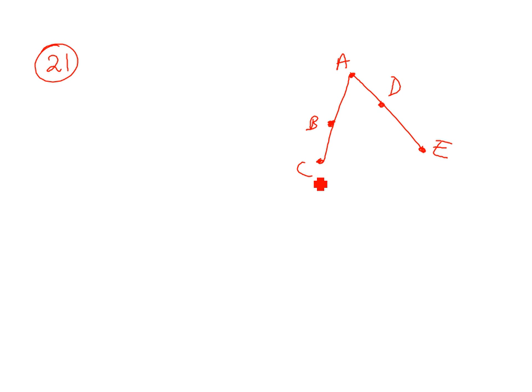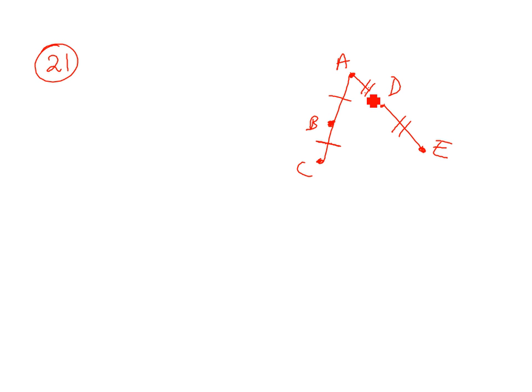They tell us that segment AB is congruent to segment BC, segment AD is congruent to segment DE, and then they tell us that BC, which we've already marked, is congruent to AD. This one up here has 1 tick mark on it, this one's got 2 tick marks on it, so something's not right there.